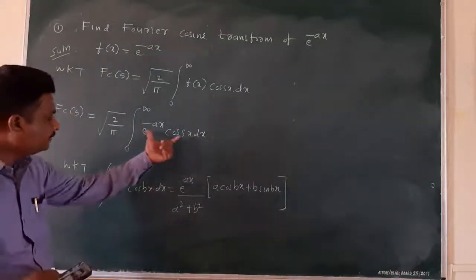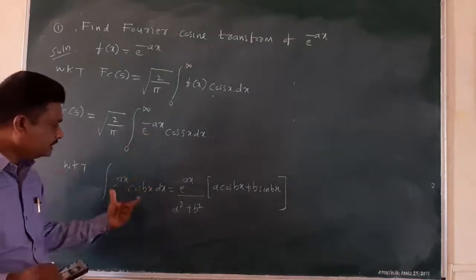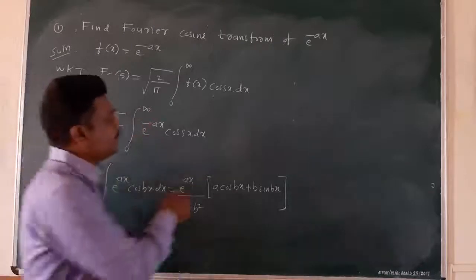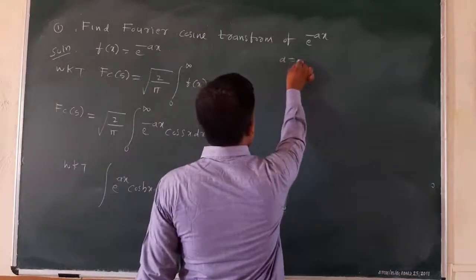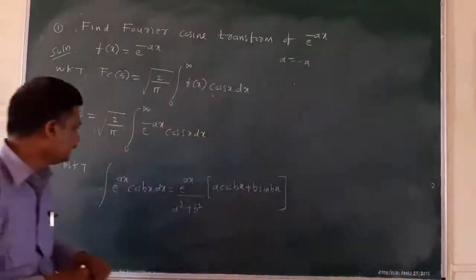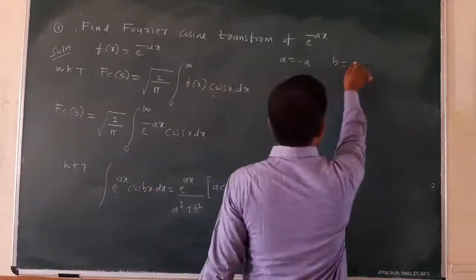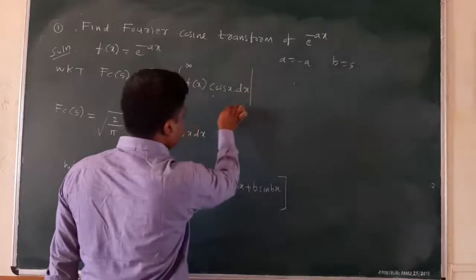So first I will compare the given integral with the formula. After comparing, I can see here the value of a is minus a, and the value of b is s.